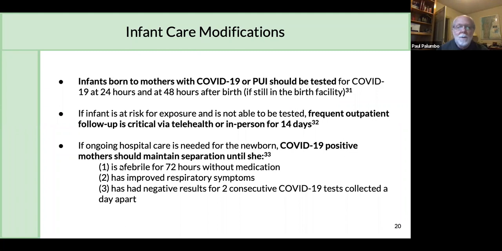Again, these are what we feel are best practices now. There is limited concrete objective support for some of these recommendations, but these are our best hypothetical approaches at the moment, recognizing that it's not always possible to implement all of these recommendations. Next slide, please.